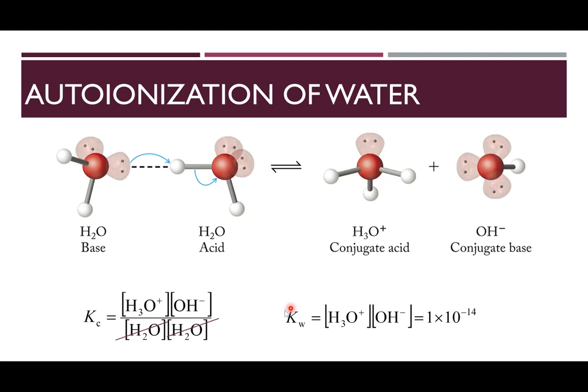We know this value, so this is a constant. This value has been very well researched. The value is 1 times 10 to the negative 14th. We call this the ion product of water.